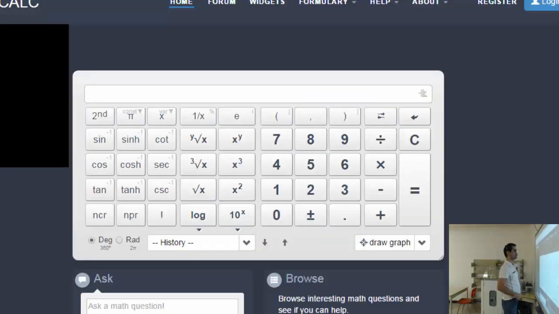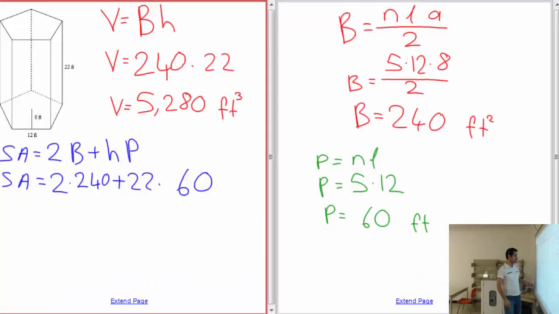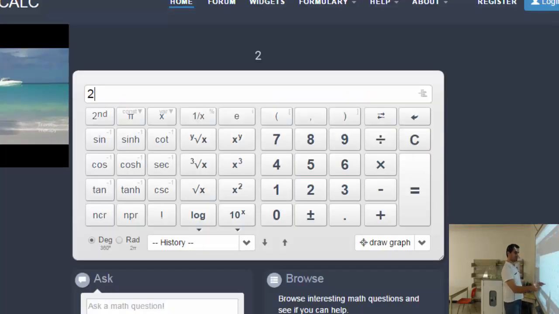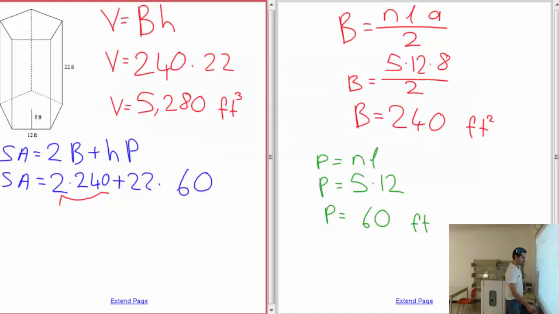It's going to be 2 times 240 plus the height, 22. Let's go back anyway. Plus 22 times 60.